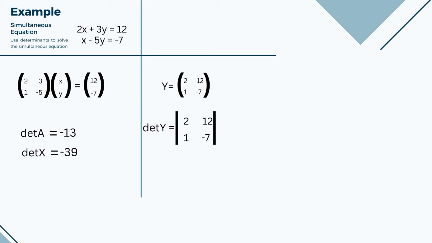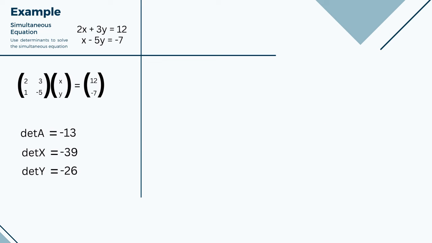So we have 2 times minus 7 minus 12 times 1. 2 times minus 7 will give us minus 14, and minus 12 times 1 will give us minus 12. Minus 14 minus 12 will give us minus 26. So the determinant of y is minus 26.